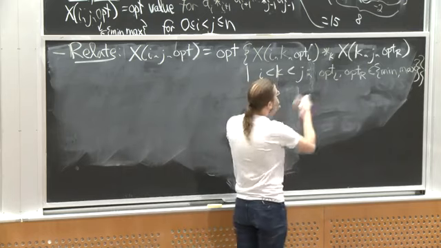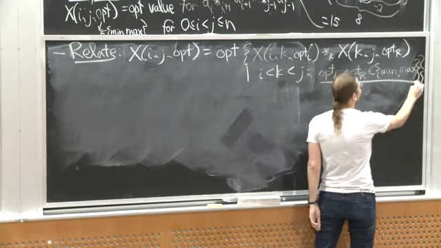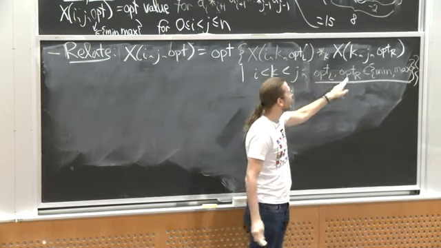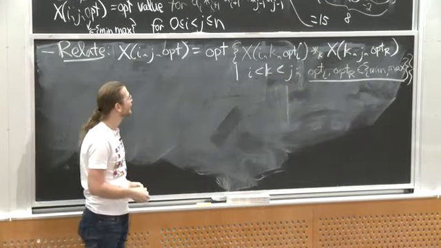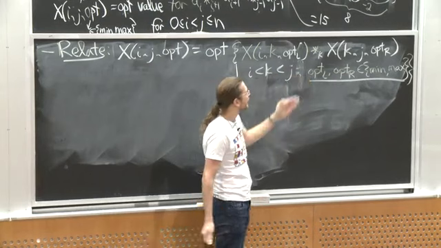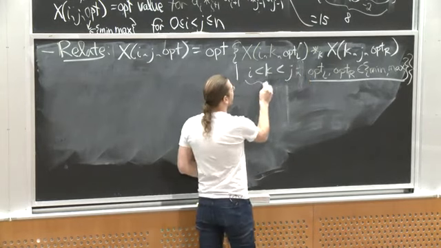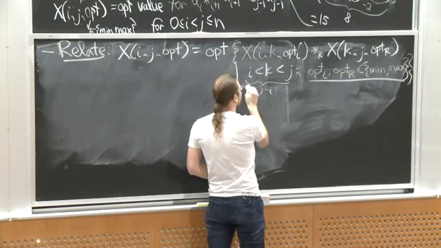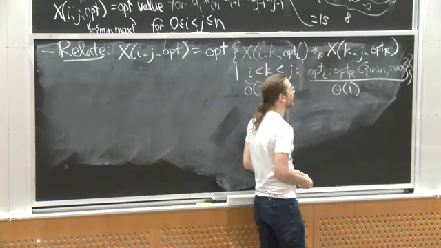You have to consider all the signs, but we don't need to think hard. We can just try all options. There's only 4 choices for opt L and opt R among min and max. You could do min-min, min-max, max-min, and max-max. So it's just a multiplication by 4 in this for loop. The big cost is actually this one, because there are j minus i choices for k. There's a constant number of choices for opt L and opt R.